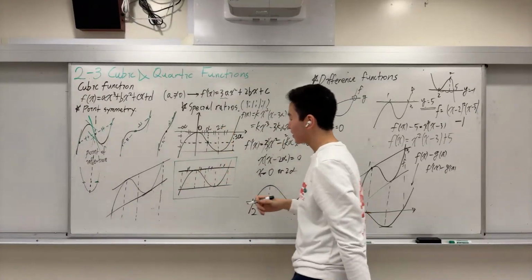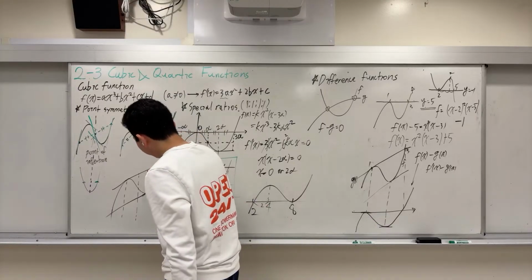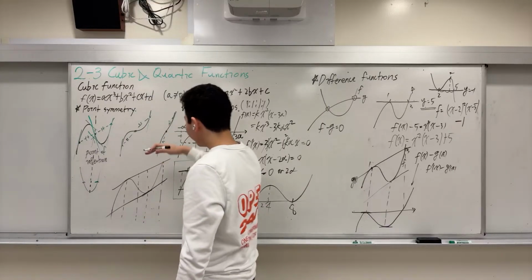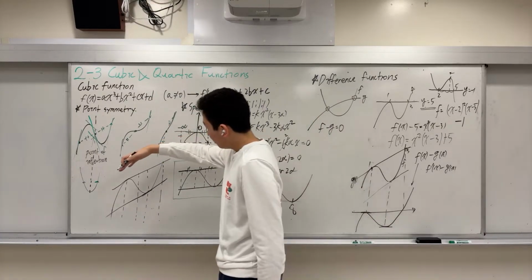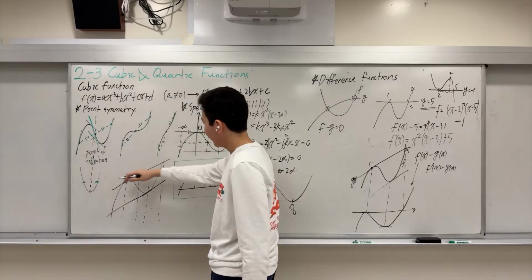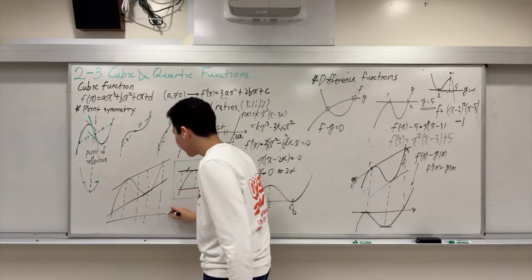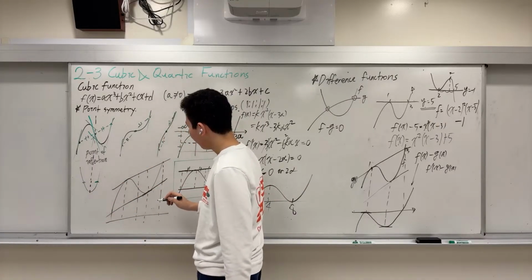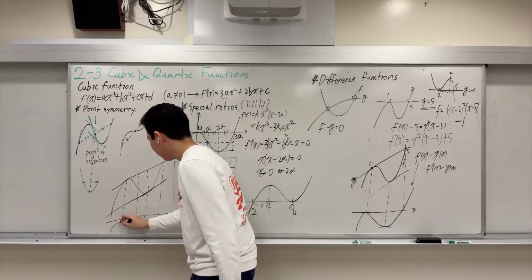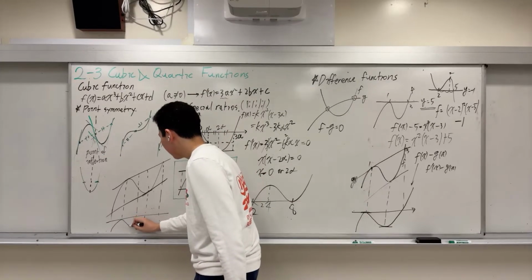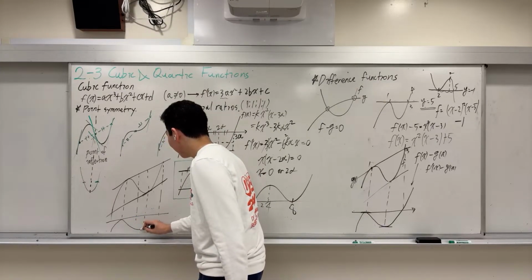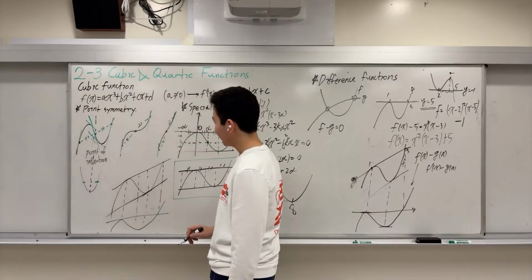The actual y values, we're keeping the same, right? Because when we take the difference function of this curve and this line, it's going to end up like this, right? 1, 2, 3, 4, like that.